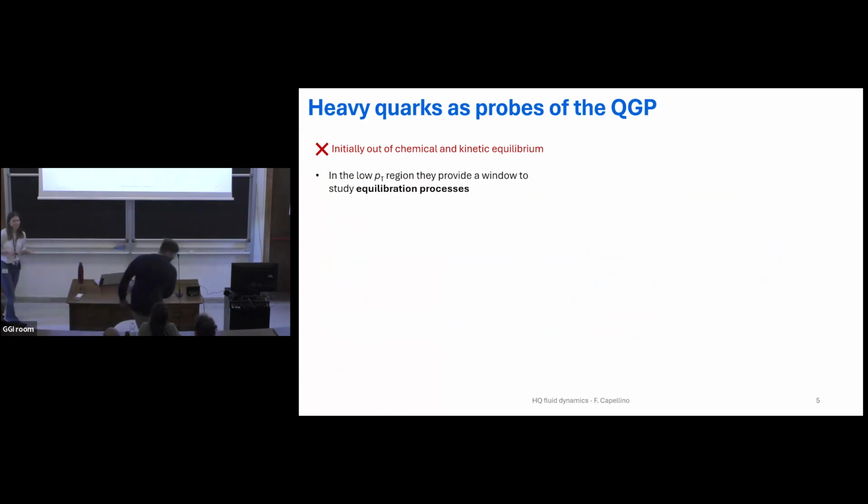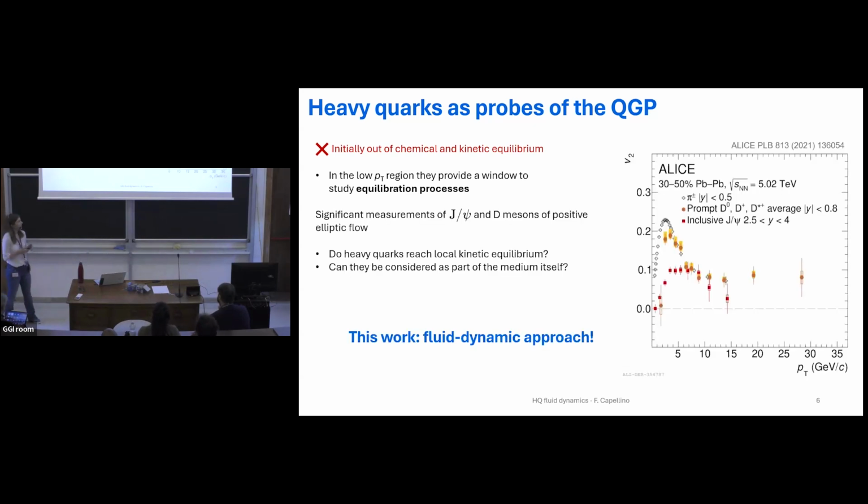Yes, so heavy quarks initially are produced out of local chemical and kinetic equilibrium. However, in the low transverse momentum region, they provide us a window to study equilibration processes. And in fact, recent measurements of elliptic flow of J/psi and D mesons really showed that heavy quarks do display a positive elliptic flow, and it's of the same order of magnitude roughly as the one of the light flavor hadrons.